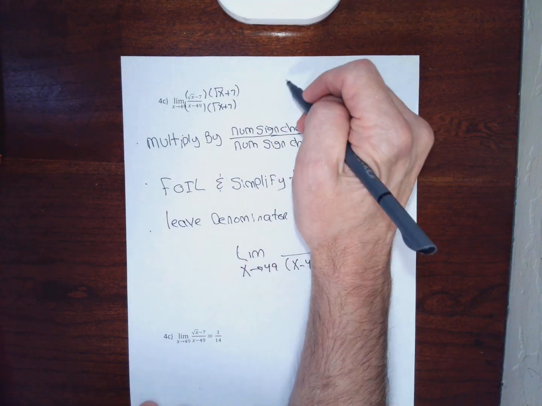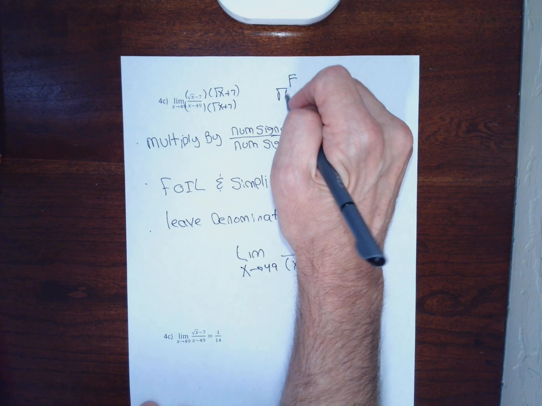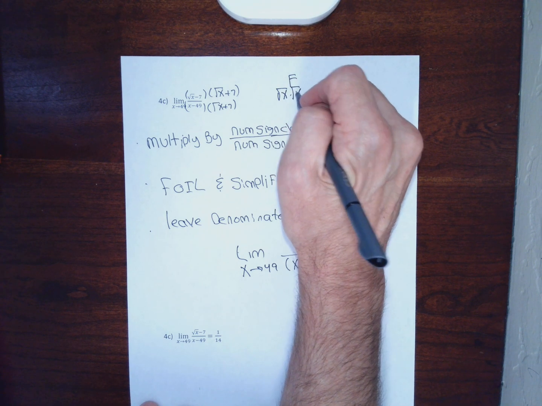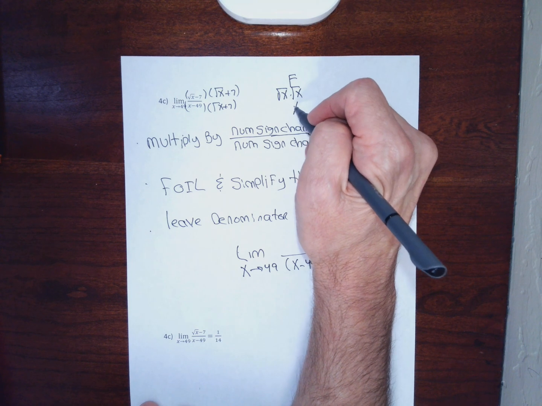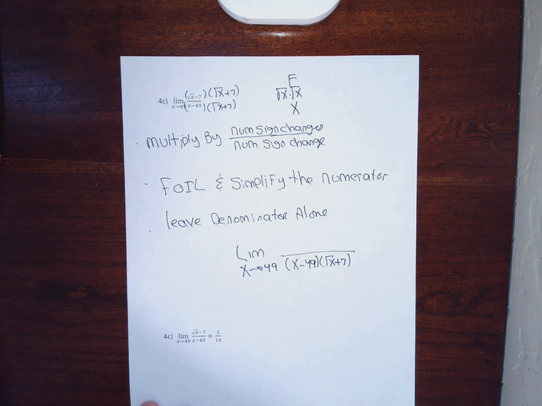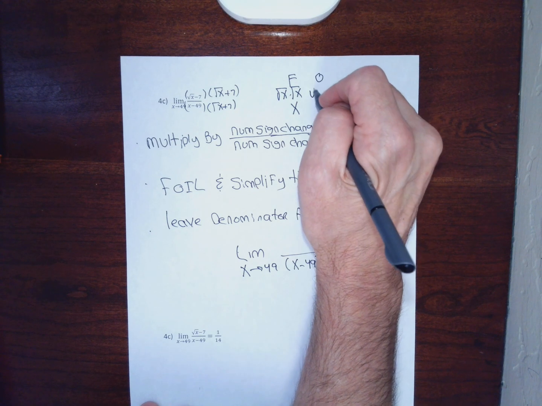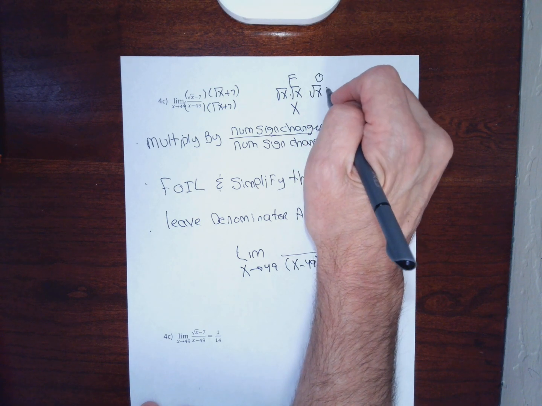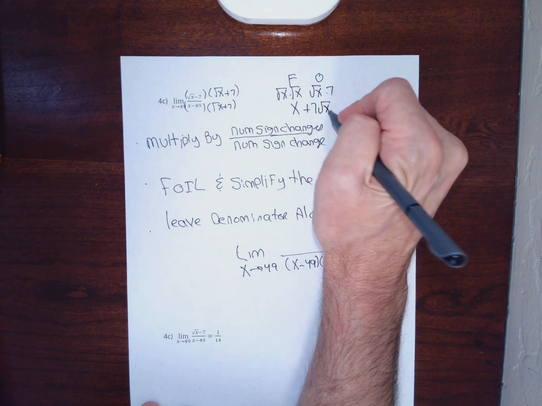I'm going to FOIL the numerator. So firsts are square root of x times the square root of x. That's just equal to x. Anytime you multiply two identical square roots, it will simplify to what's under the square root without the square root symbol. My outers are square root of x times 7, which is plus 7 square root of x.